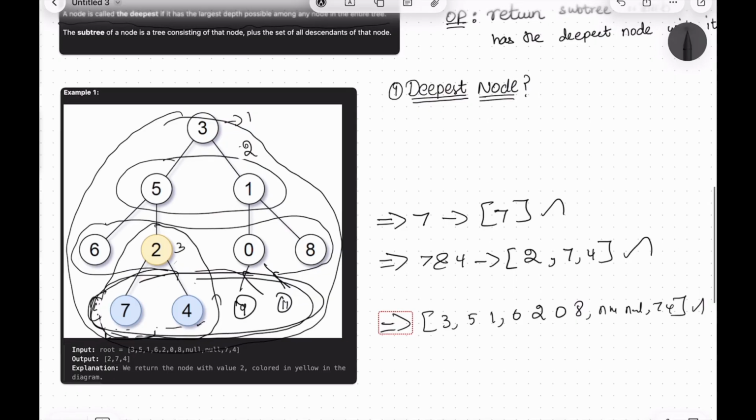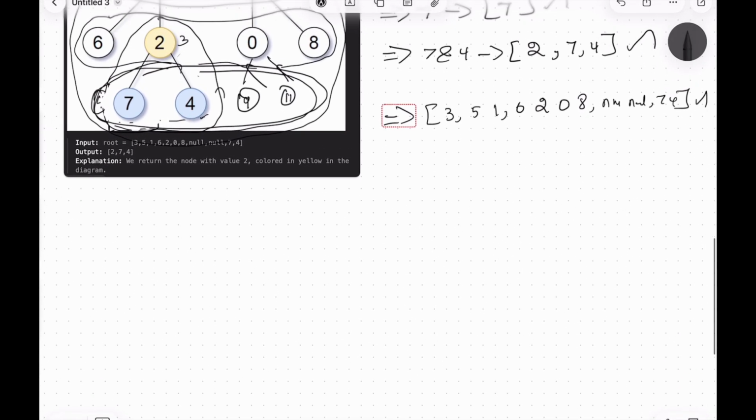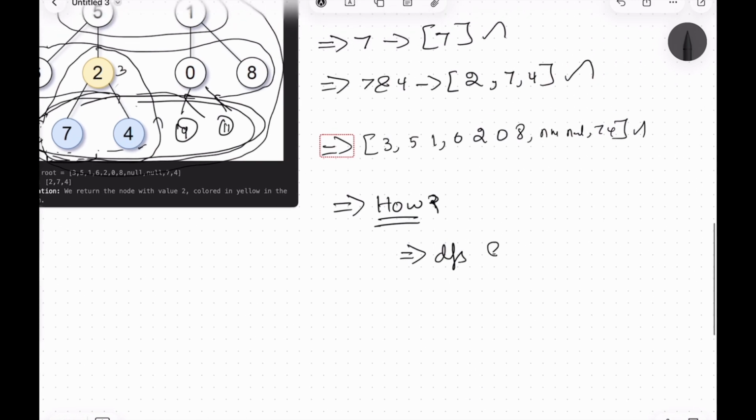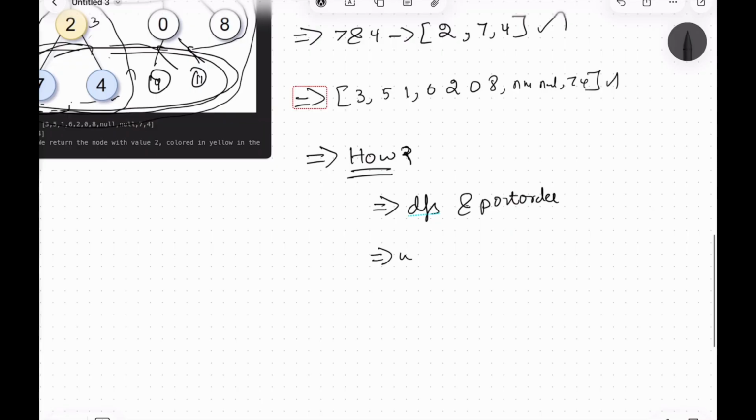So how do we solve this? We can use depth first search, the DFS approach, and we should use post order. Why post order? Because we have to find the depth, right?